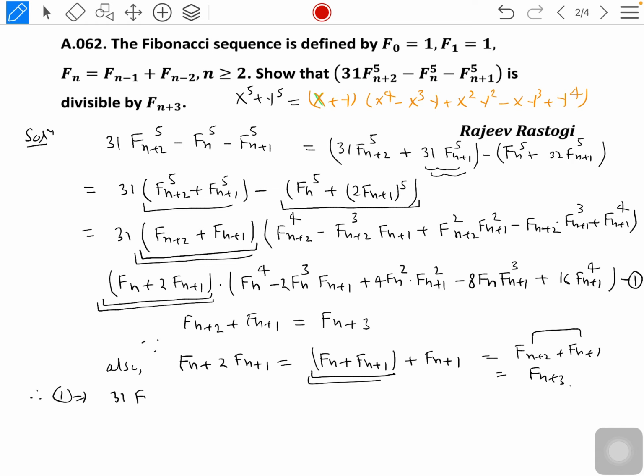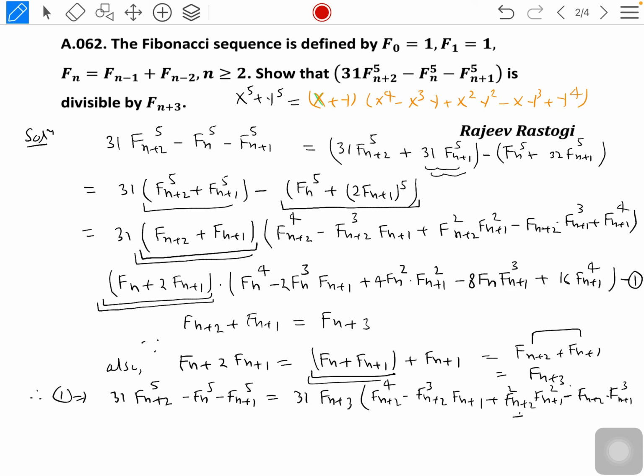Therefore, equation 1 will imply 31 f(n+2)^5 minus f(n)^5 minus f(n+1)^5 equals 31 times f(n+3) into f(n+2)^4 minus f(n+2) whole cube times f(n+1) plus f(n+2) whole square f(n+1) whole square minus f(n+2) into f(n+1) whole cube plus f(n+1)^4.